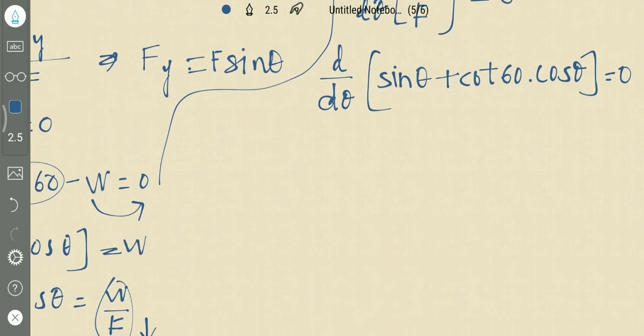If we differentiate with respect to theta, differentiation of sin theta is cos theta, plus cot 60 is constant, cot 60.